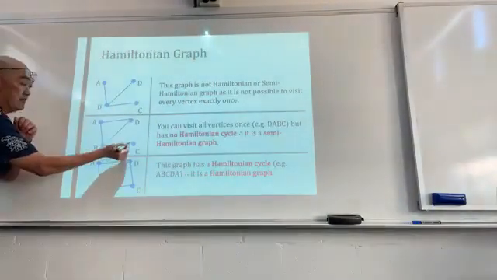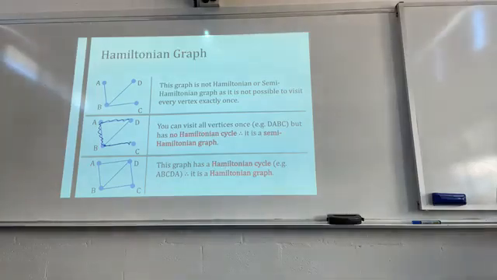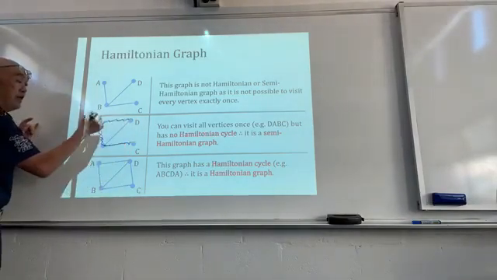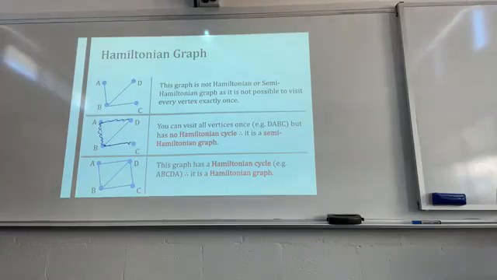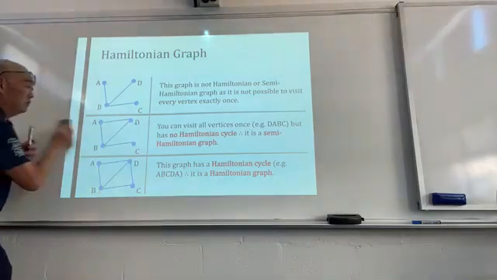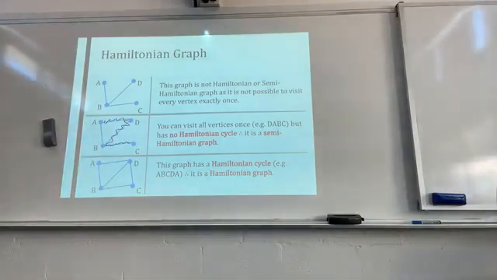Let's start from C. I can go from C, B, A to D. There's no closed path, correct? There's only open. You can go D, A, B, or the other way, A, D, and C. So that's a semi-Hamiltonian graph. This, in your book, is referred to as a Hamiltonian path.